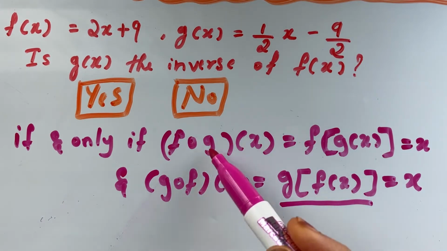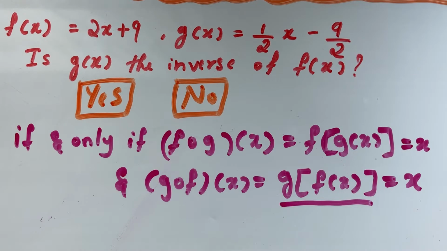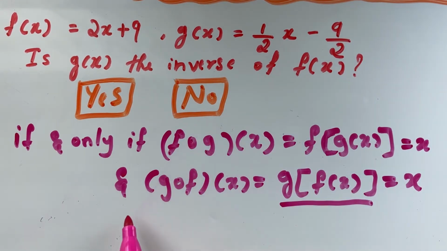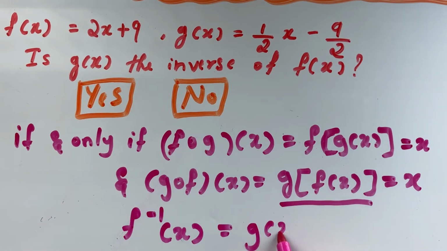If both these conditions are satisfied, then we say f of x and g of x are inverses. Then the inverse function of f of x is equal to g of x.